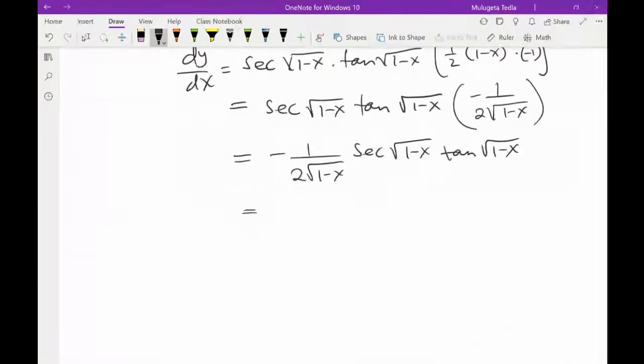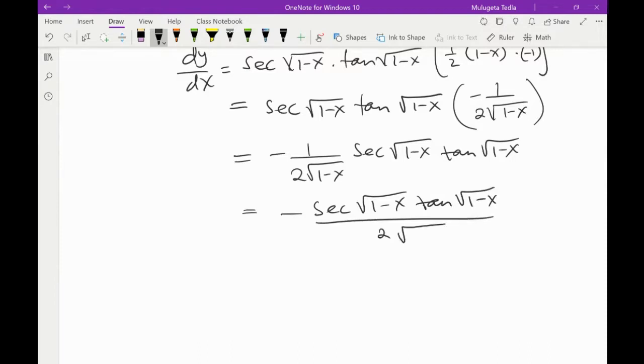I'm sure in the book they might have written it like this: minus secant of root of 1 minus x, tangent of root of 1 minus x over 2 root of 1 minus x.